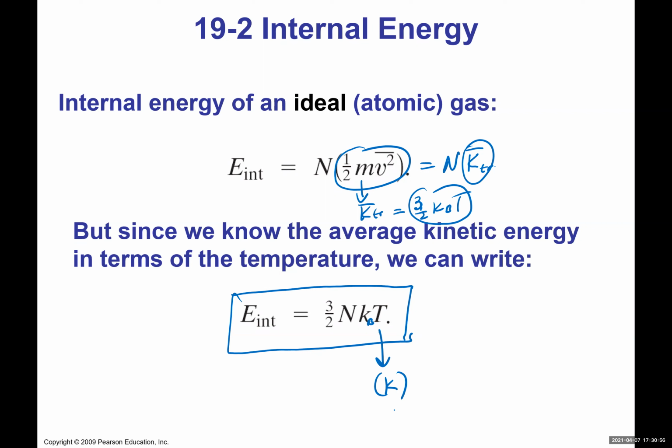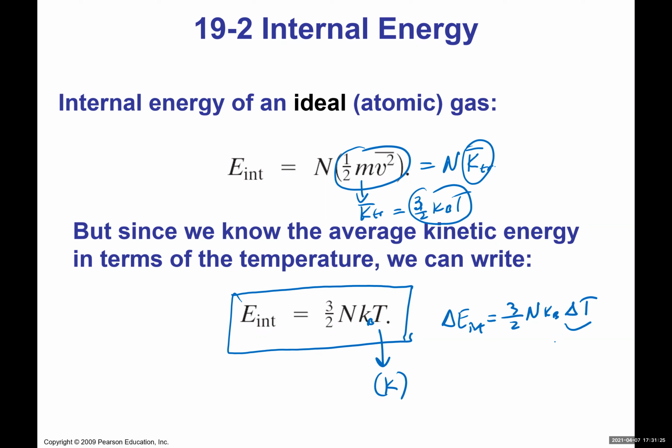We can look at the change in internal energy, which will be 3 halves N kB delta T. In that case, you can leave the delta T in Celsius because you are looking at a change in temperature. But when you're calculating internal energy for some specific state, it's the temperature in Kelvin for that state.